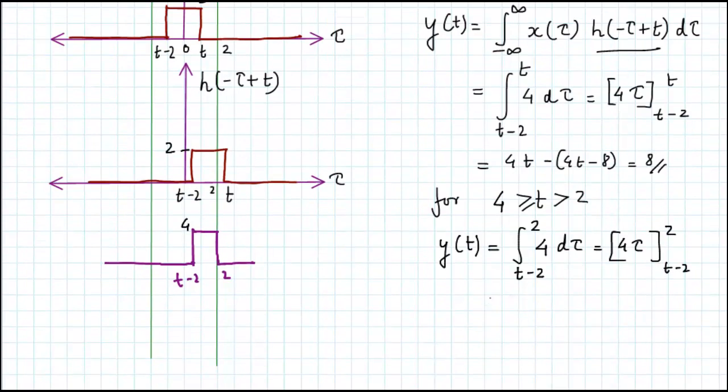Calculating, 4 into 2 is 8, minus 4 into t minus 2, and then minus and minus becomes plus, giving 16 minus 4t, correct? So this is the value for the time period between 2 and 4.